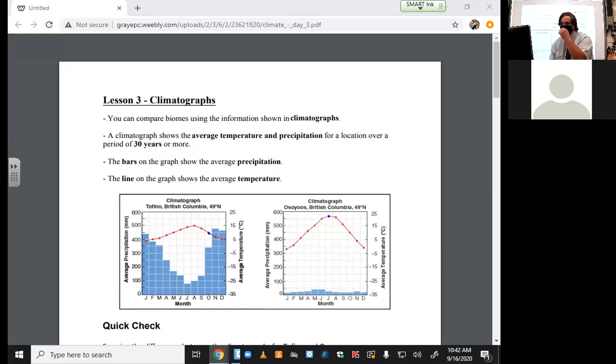So we talked about aquatic biomes a little bit. Where would you find intertidal zones? On the right track. Next to what? It's between the ocean and the land.